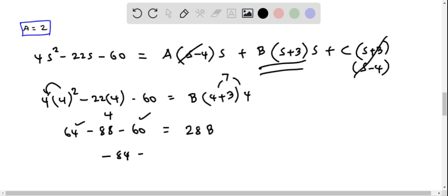So this equals 28B, and this implies B equals negative 84 over 28, and this equals negative 3. So we found the value of B equals negative 3.